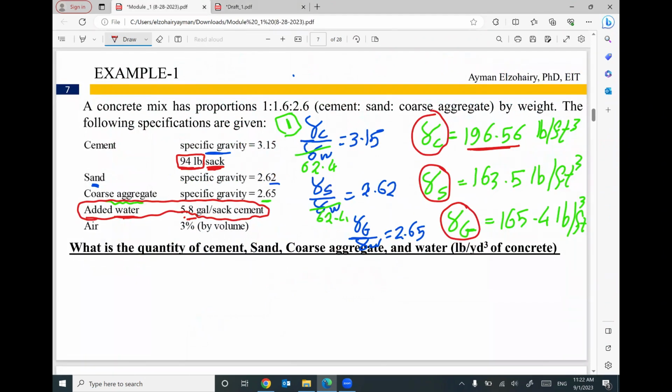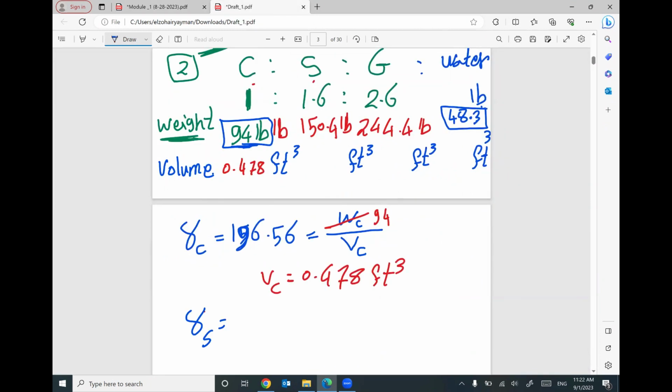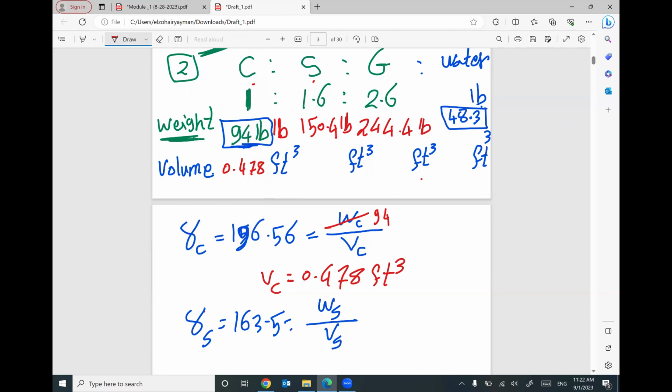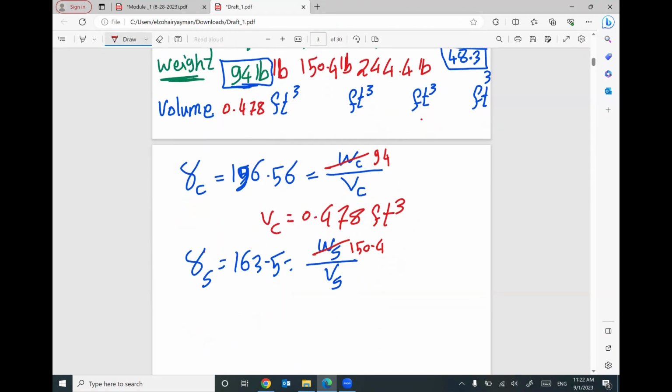Do you remember the gamma for sand? 163.5. This gamma equals weight of sand divided by volume of sand. The weight of sand is 150.4. I can figure out the volume of sand from this expression.